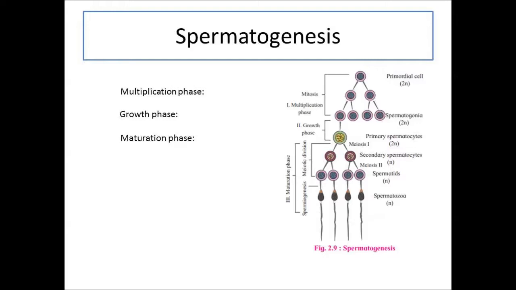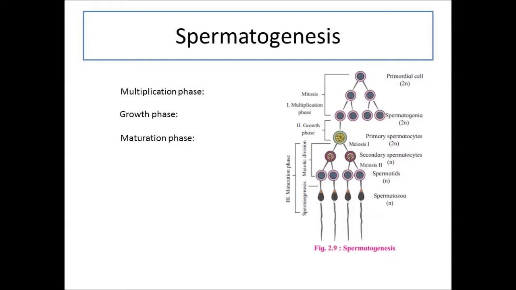It gets transformed into a functional spermatozoon by the process of spermiogenesis. During this process of change, the spermatids remain held to each other and to the Sertoli cells by cytoplasmic bridges. The sperm heads remain attached to the Sertoli cells and their tails hang in the lumen of the seminiferous tubules.